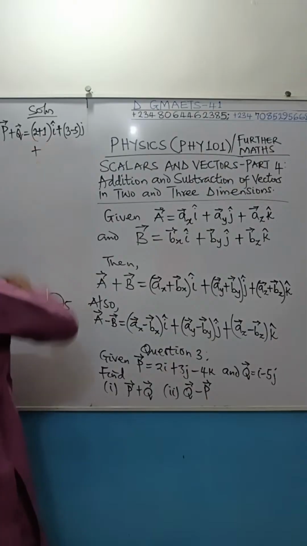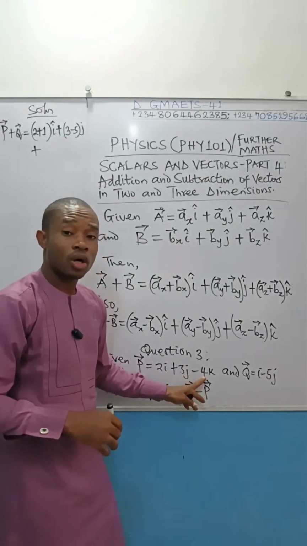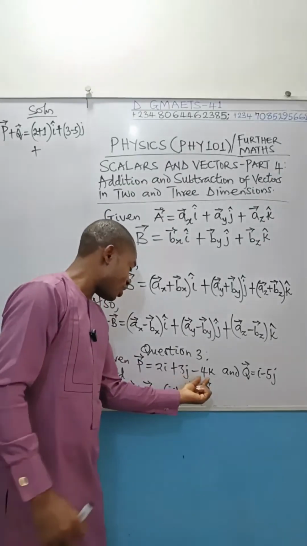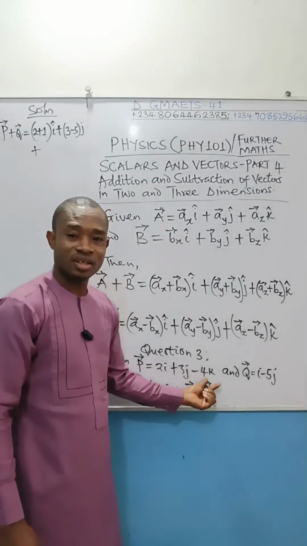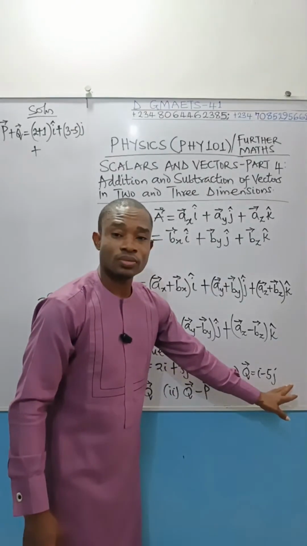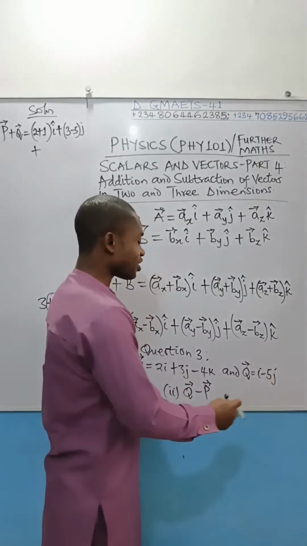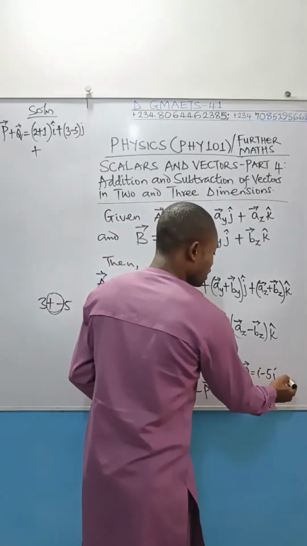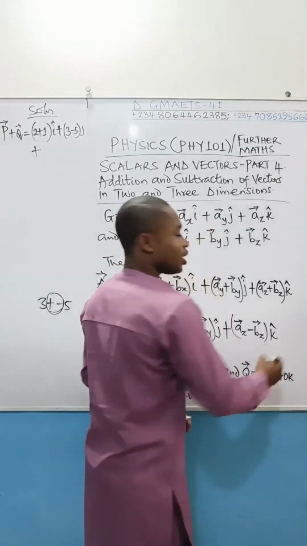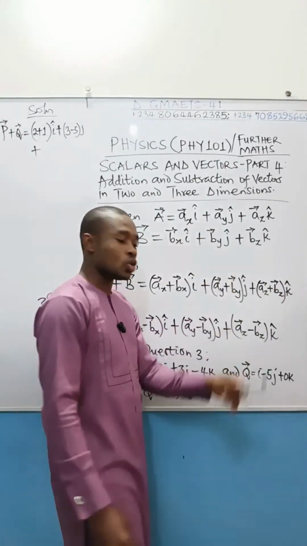Then finally, plus, we'll move on to the next one, which is minus 4, the z value of vector P, which is in the k direction. But if you look at vector Q, that component is not there. Automatically, it is 0. In fact, look at it, i minus 5j is the same as plus 0k, because 0 times any term is equal to 0, it goes off.